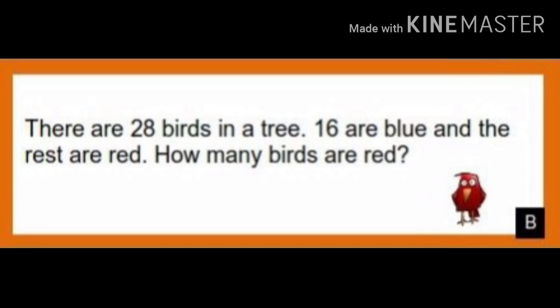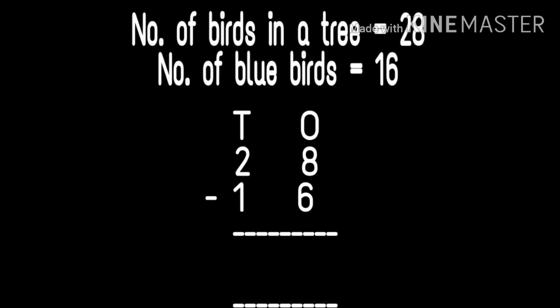Now we have to find the red birds. How will we write the first statement? Number of birds in a tree is equal to 28. Now the second line of the question: there are 16 blue birds. So we write: number of blue birds is equal to 16.